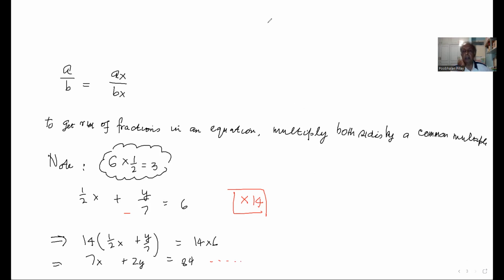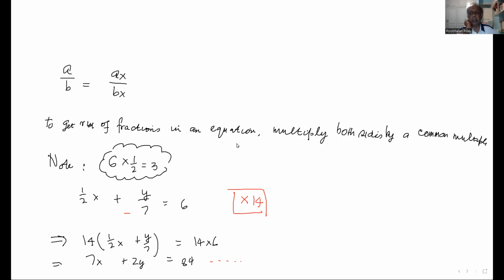All right. So bearing that in mind, we can go back to the problem at hand, which is this one.